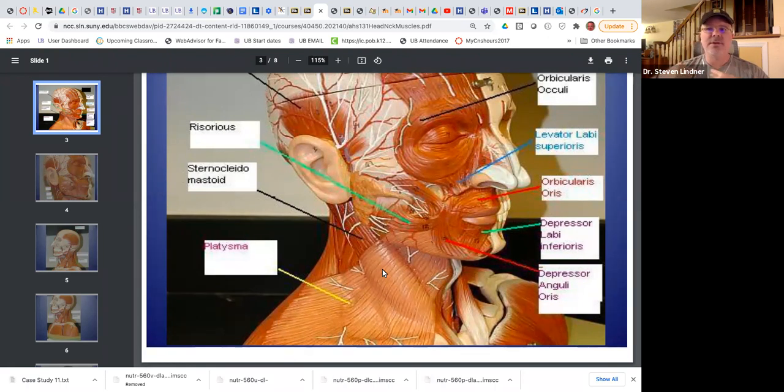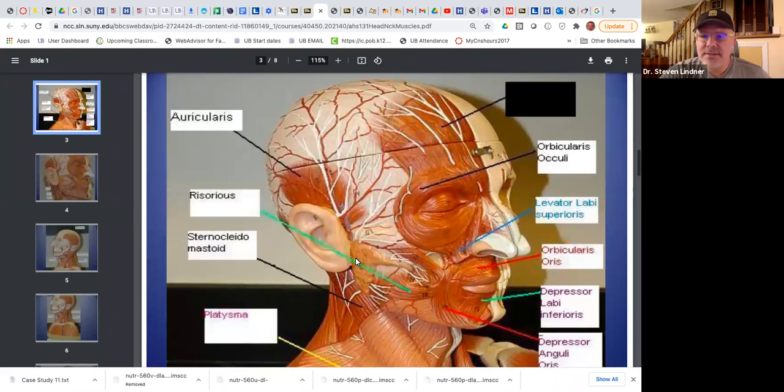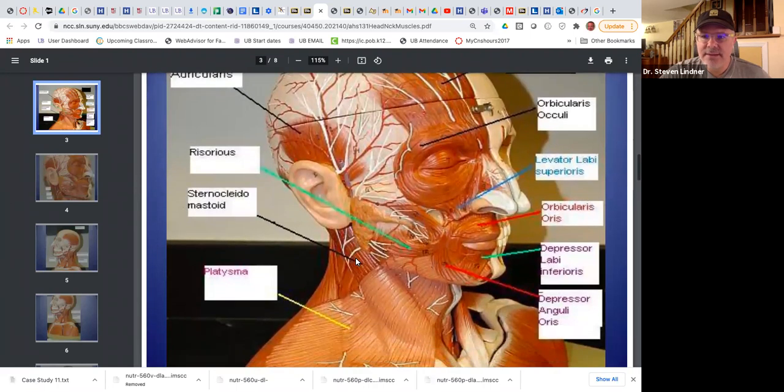Okay, and that's because if we look at origin and insertion, the origin is the sternum and the clavicle. The insertion is on the mastoid. So when the origin and the insertion move closer together, that's a concentric contraction that creates left cervical rotation. Eccentric is when the origin and insertion move further away, where it elongates. Okay, so those are some of the main muscles that we see on this first slide.